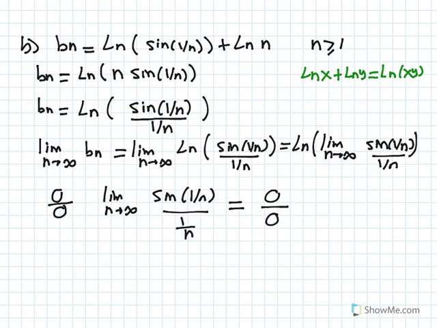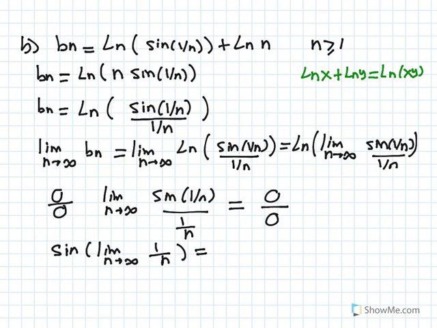Why is that? Because 1 over n approaches 0 as n goes to infinity. Sine of 0 is 0, so the numerator becomes 0. And the denominator, 1 over n, approaches 0 as n goes to infinity. So we have the 0 over 0 pattern. That means we have to apply L'Hopital's rule. So let's formalize the justification for applying L'Hopital's rule. Notice that we can bring the limit inside: sine of the limit as n goes to infinity of 1 over n.